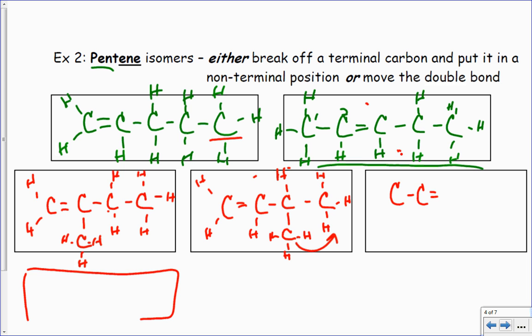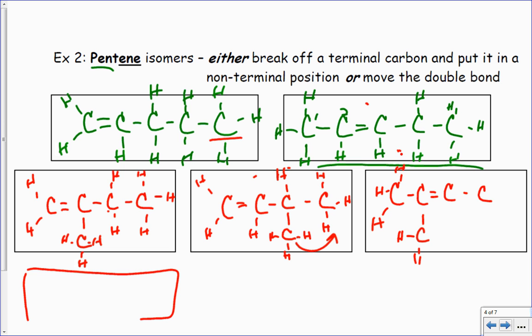So let me draw it all over again now with this configuration. C, C, 1, 2, C, C, right? Good. And then let me put the methyl right here. It really doesn't matter which side I put it on, because if I rotate it, it's the same thing. So I can only draw this one way. This one needs 3 H's. This second carbon has 4 bonds.